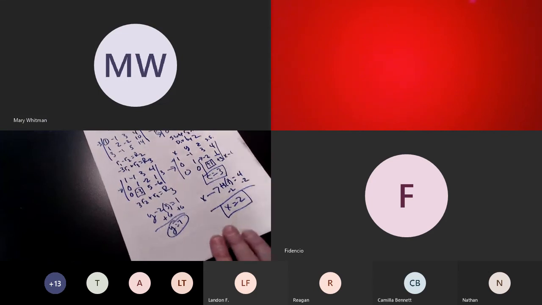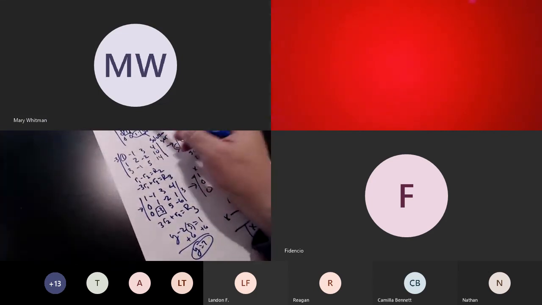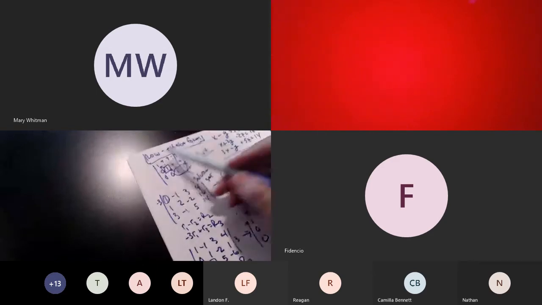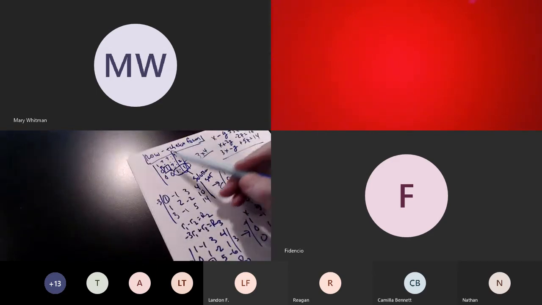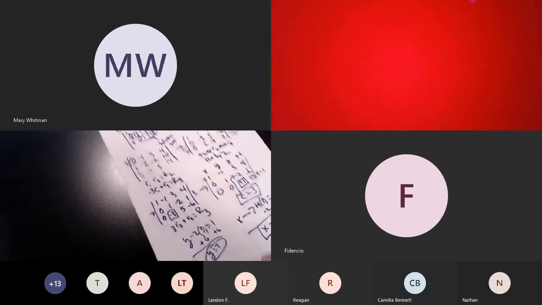Okay, so when I went through all of these steps here, I was trying to get it in row echelon form, which means I want ones on the diagonals and then zeros underneath the ones, okay? So when I went through all of these steps, I got ones on the diagonals and I got zeros underneath.